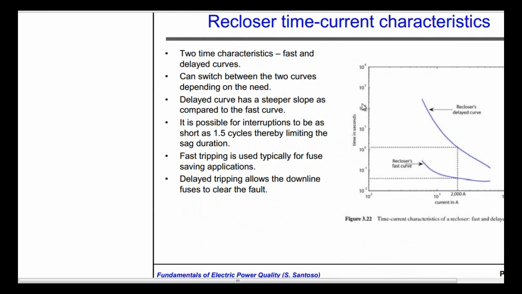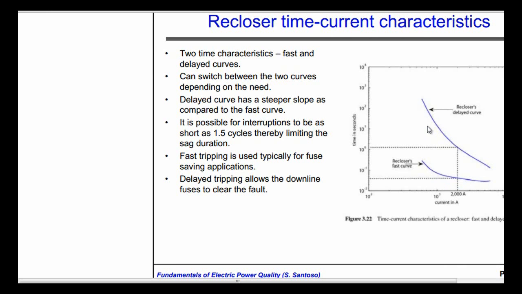What is important about the recloser is the time-current characteristics. As with the fuse, we have an area where we can find the minimum melting time and the clearing time. For each recloser, we have two curves. One is the fast curve, which is down here, and the other is the delayed curve.